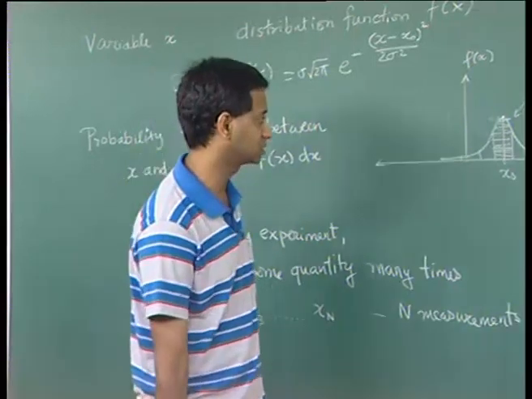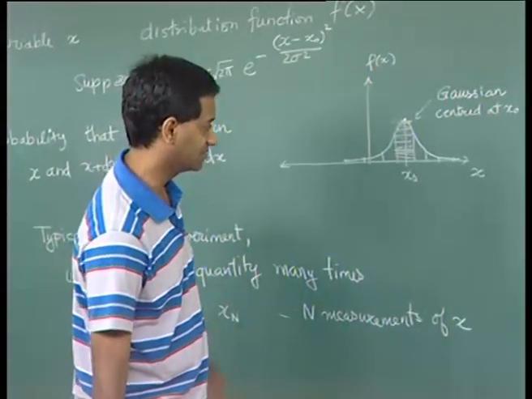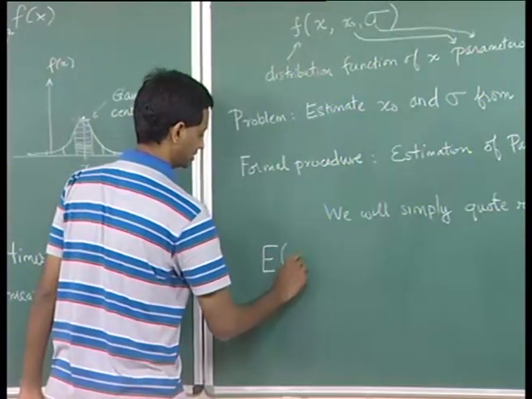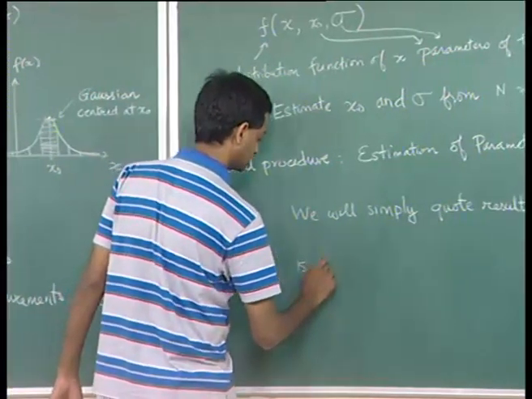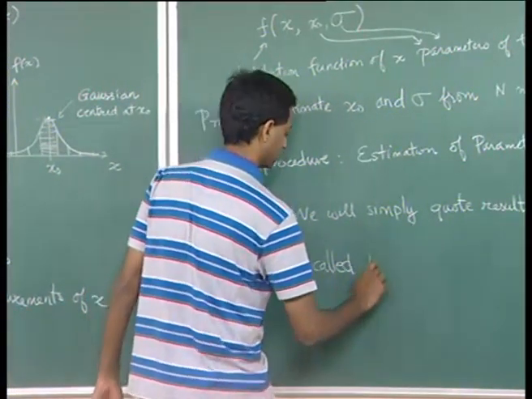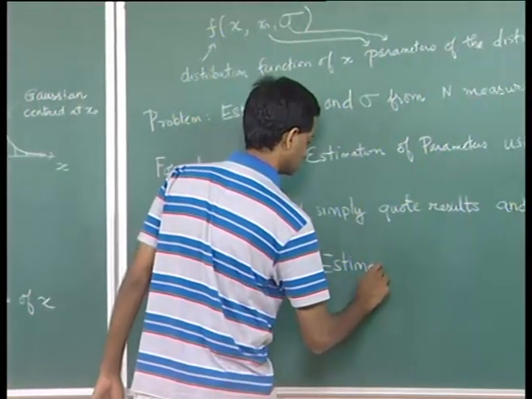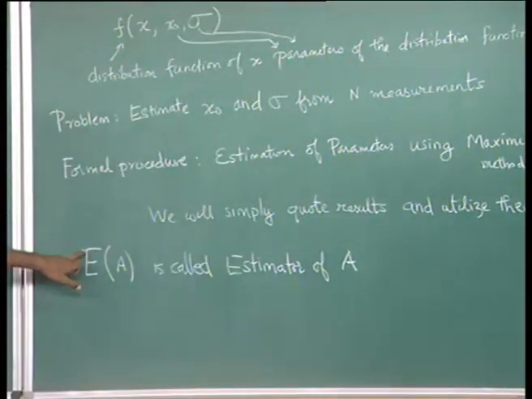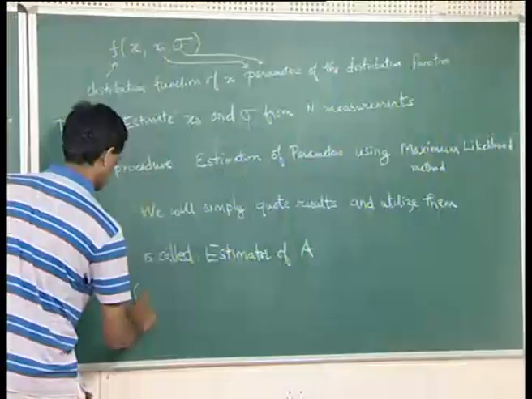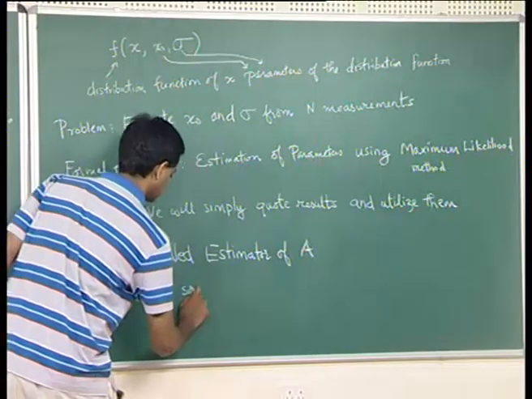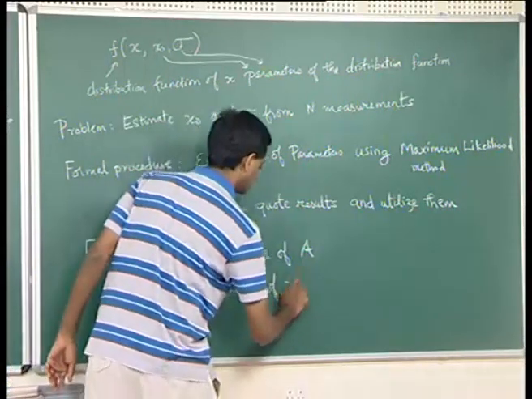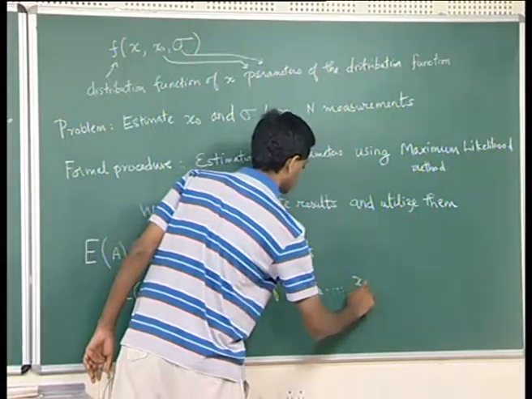The first thing is we have an idea that E of A is called the estimator of A. And E of A is some function of x1, x2 up to xn.